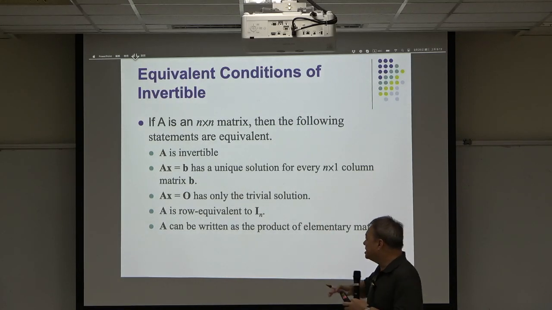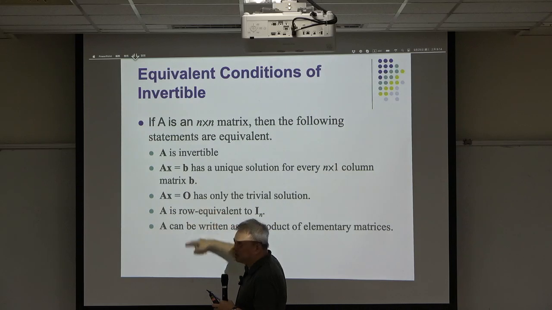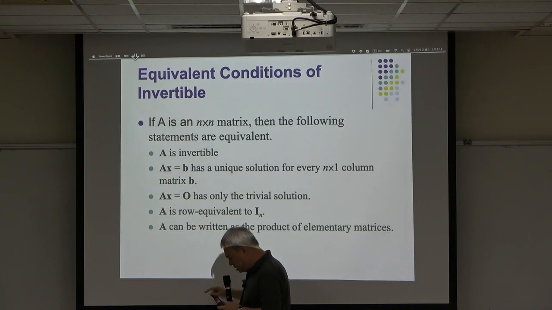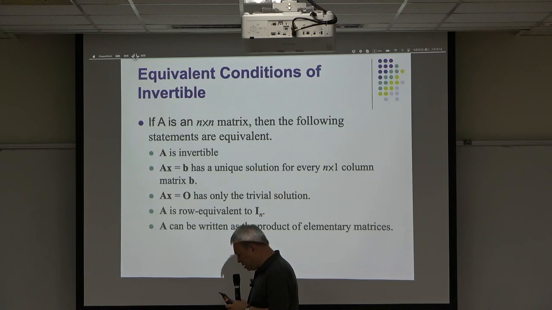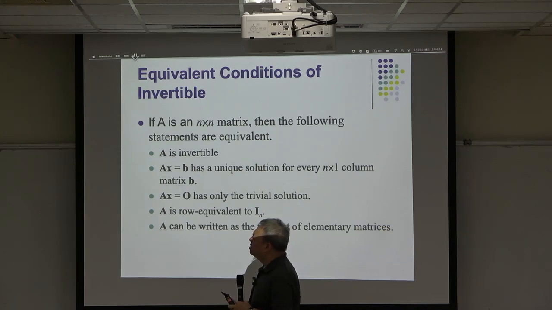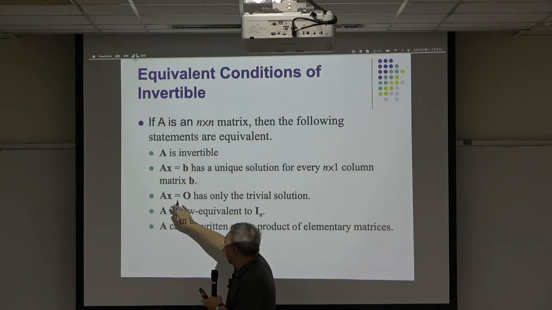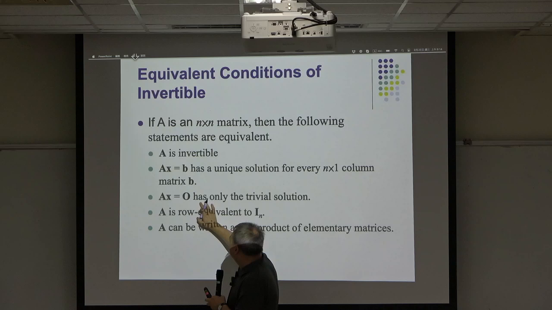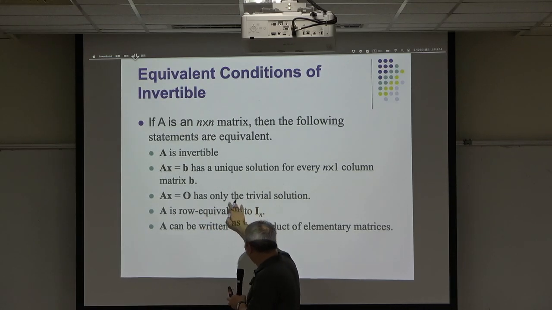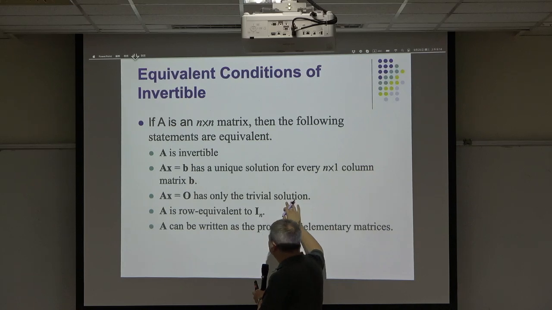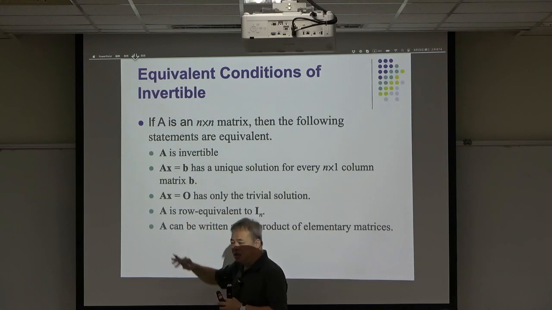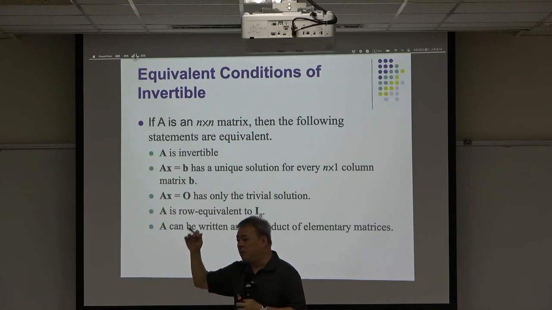So if the right-hand side is always just a bunch of zeros. Anyway, when we say AX equal to O has only the trivial solution, the trivial solution means that x1 equal to 0, x2 equal to 0, and so on.